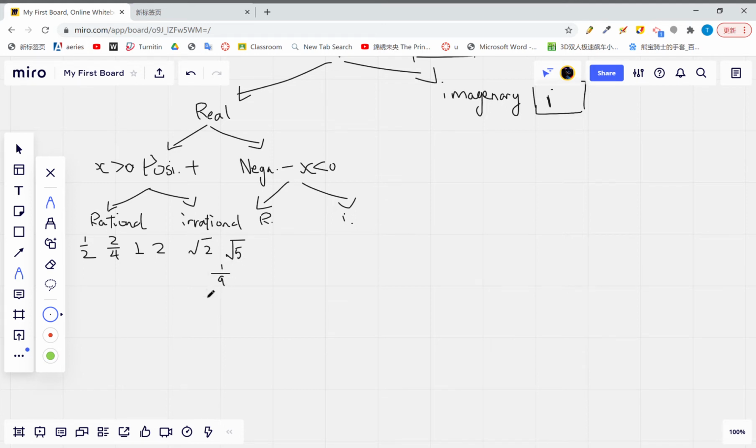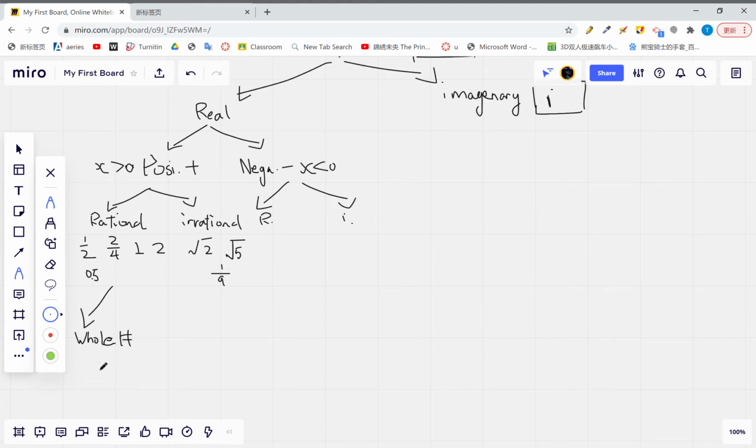You can't really have a number like a decimal answer, right? You cannot really have like 0.5. It's like going forever and forever, with no end. And rational, we can include as whole number.